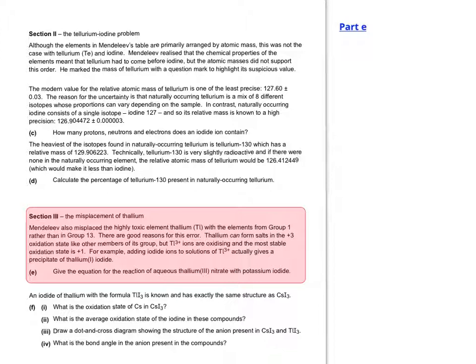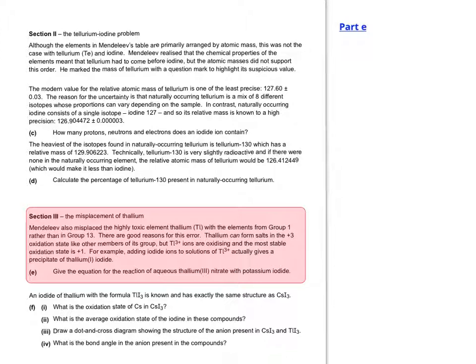So not particularly nice stuff to get inside you if you can avoid it. And it says it was misplaced with the elements from group 1 rather than the elements in group 13, or in older style we'd call it the elements in group 3. So aluminium's group, in other words.